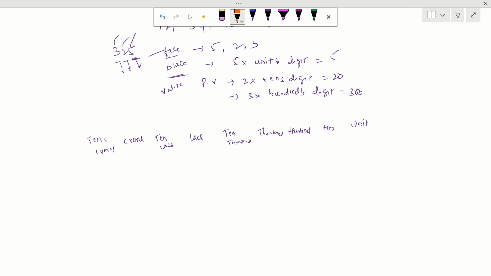Suppose I'm giving an example. Here I'm writing a number 6,38,549. What is the meaning of this?